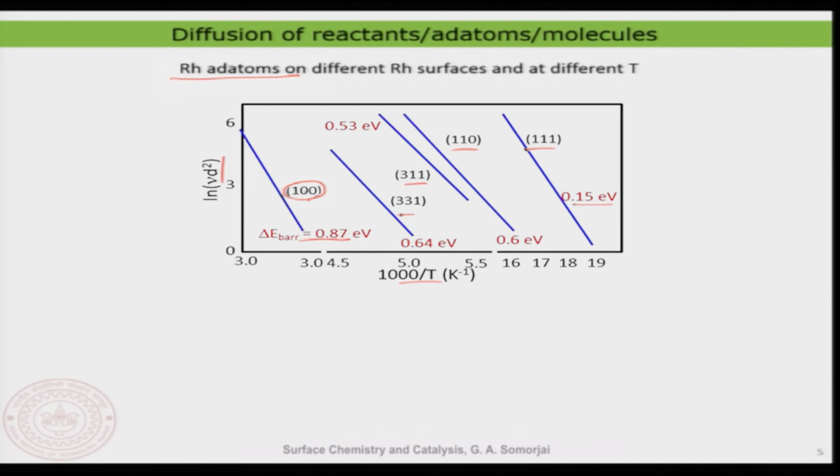But the 100 surface, since it has the highest diffusion barrier, is not going to be as dynamic as the 111 surface. The 110 comes somewhere in between, and the high index surfaces also have somewhat high barriers. That is also generally why we talked about the 111 surface always being a stable and uniform surface. Good.